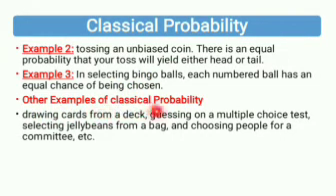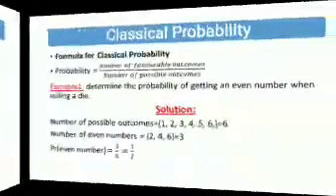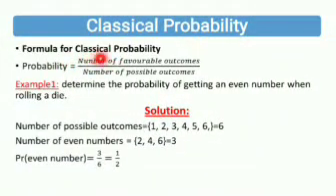Other examples of classical probability are drawing cards from a deck, guessing a multiple choice test, selecting jelly beans from a bag, and choosing people for a committee, etc. Now, the next thing we are going to look at is the formula for calculating classical probability.